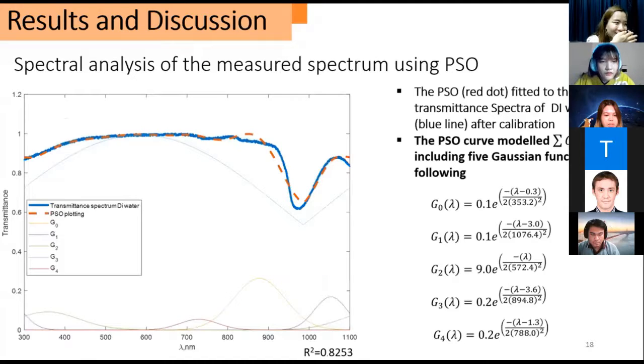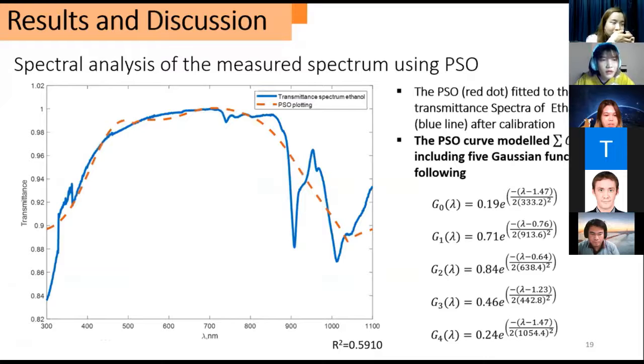The PSO curve fitting is the sum of 5 Gaussians. You can see the 5 Gaussians shown in the figure, and the red dot shows the R square is 0.8253 for the PSO.